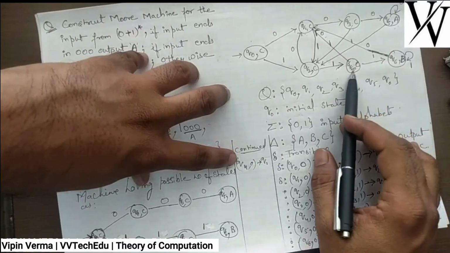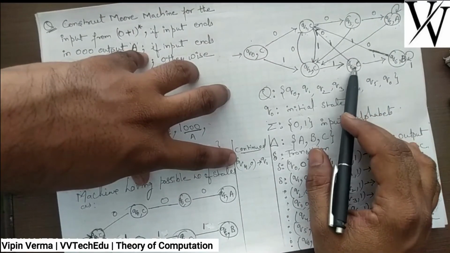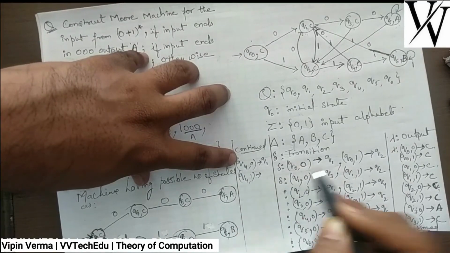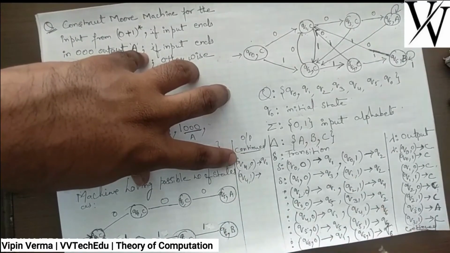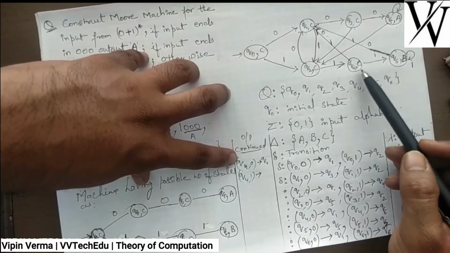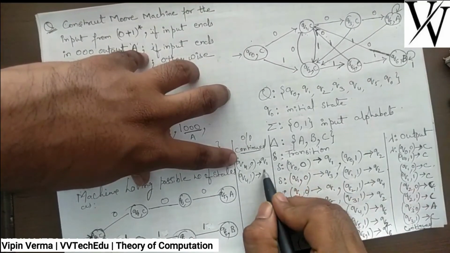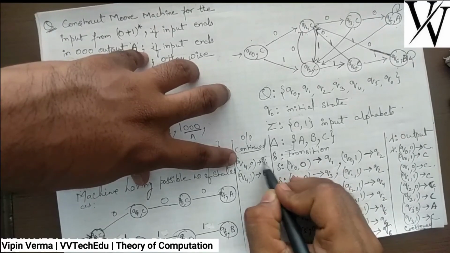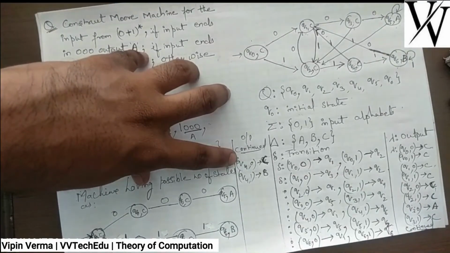Now at Q4 state for 1, it moves to Q6, and the output is B, and for 0 it is Q1 state, the output is C.